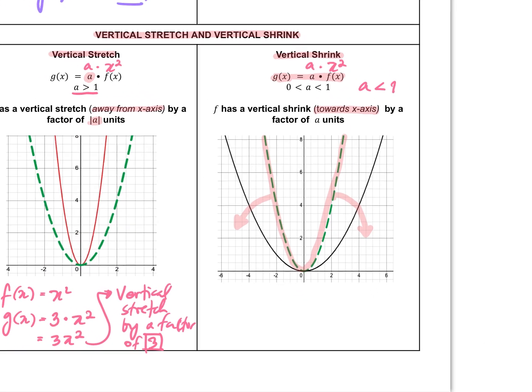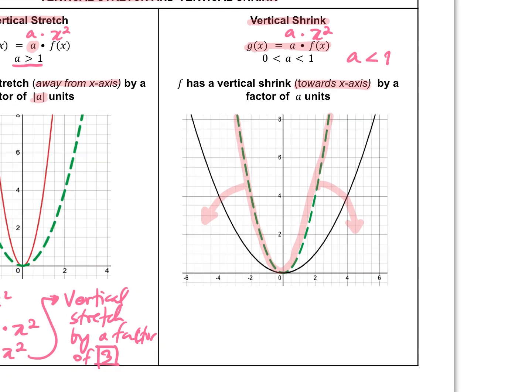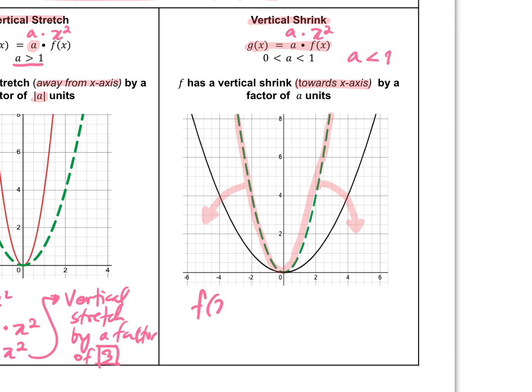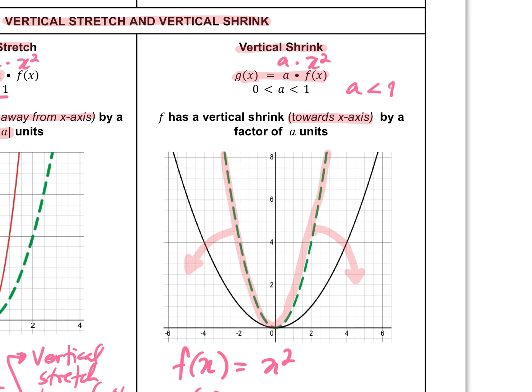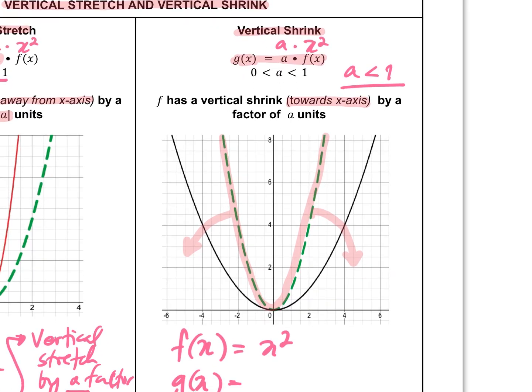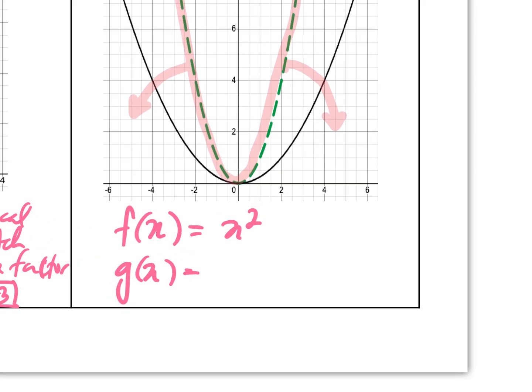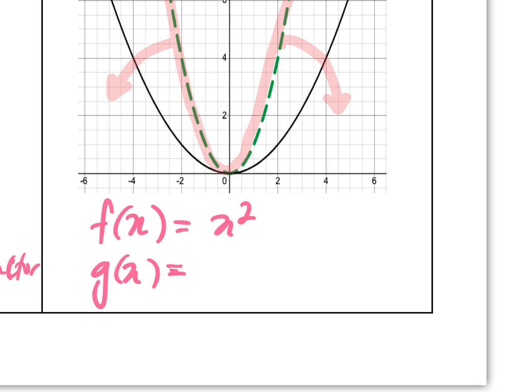Okay, so let's give you an example. Let's create our f of x. Of course, we know that is going to be x squared. Now, the transform one is going to be g of x, but I'm going to put a number before the x squared, and that's going to be the value of my a, which is a is going to be less than 1. Okay, if it is a less than 1, but not a negative number, let's say 1 over 8 x squared.